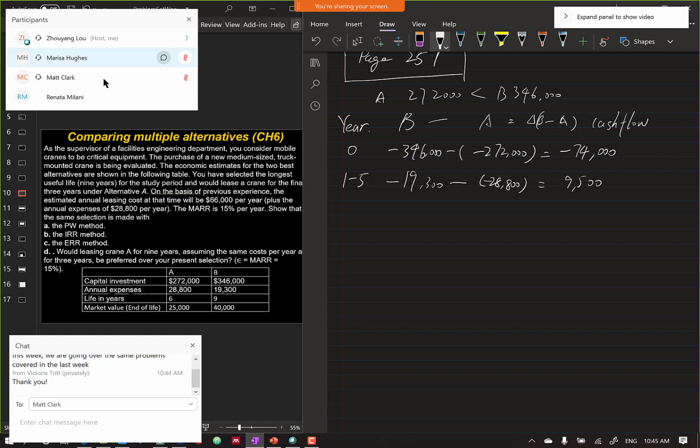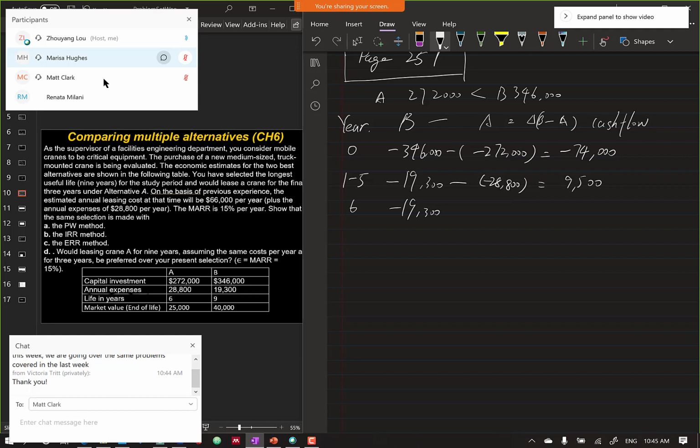And we separate year 6 because project A will end here. We'll have the market value. So we just have a different part. So for B, it's still minus 19,300.